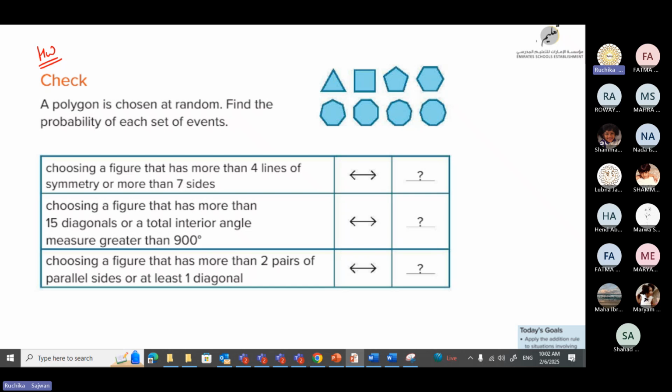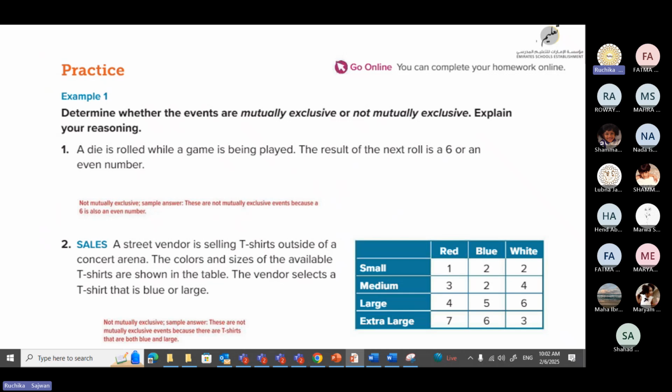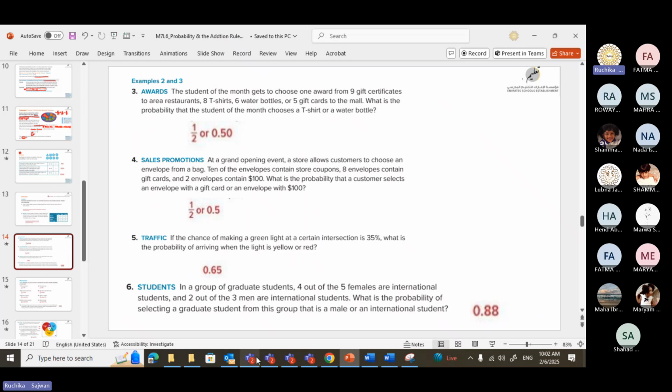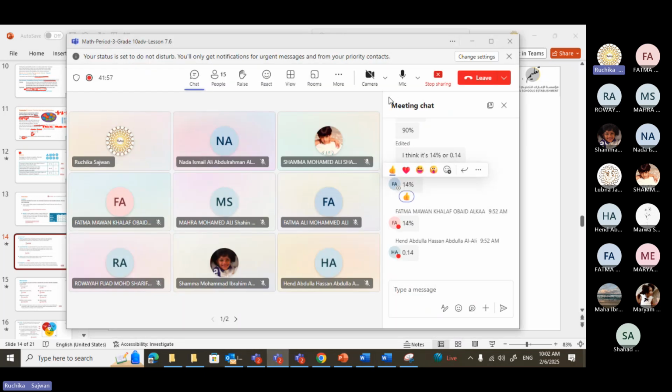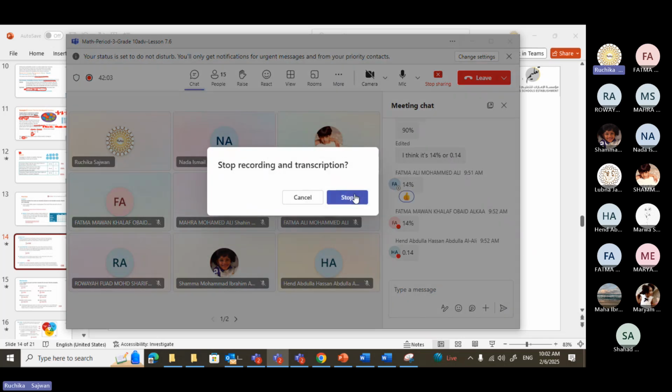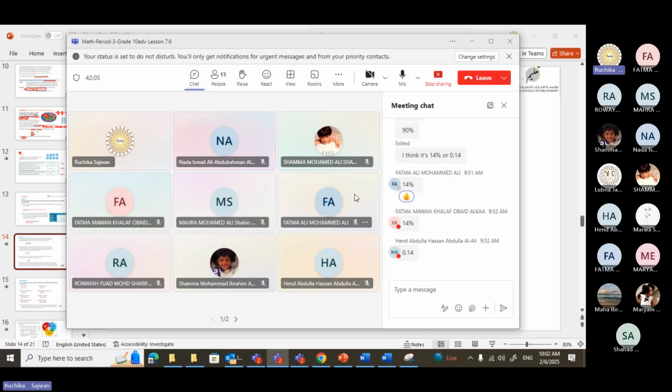We will be discussing this tomorrow, and these are your final answers to check. Actually, the lesson is complete. So this is just for your practice. From the book, I have put for you some important questions. Please practice them. And for the other girls who are not able to join today's meeting, I've already recorded the session. So I will share with all of you tomorrow the link for this.